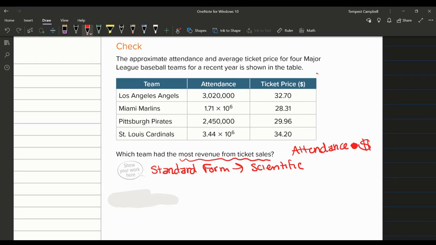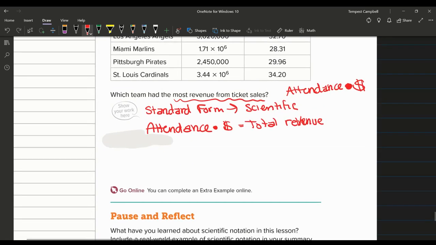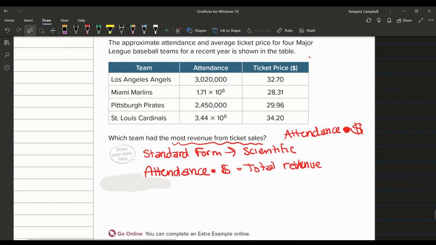I'm going to write it down here: attendance times ticket price gives our total revenue from ticket sales. So what we have to do now is multiply.